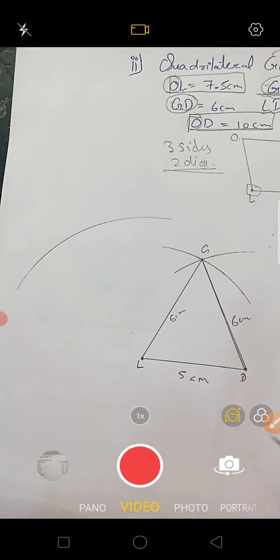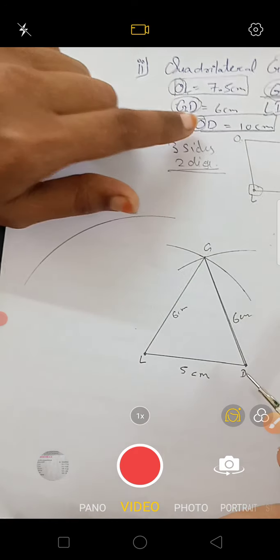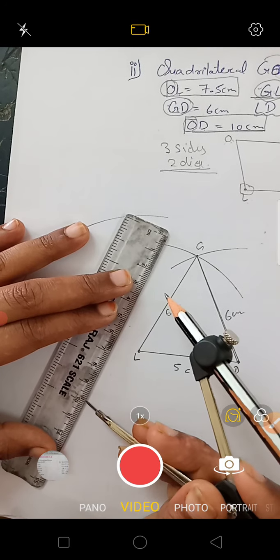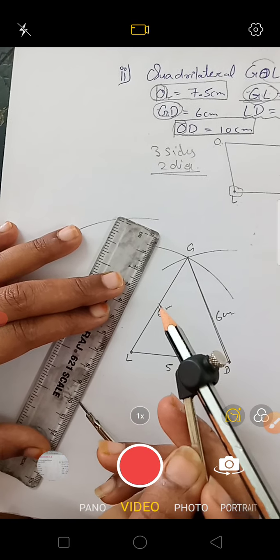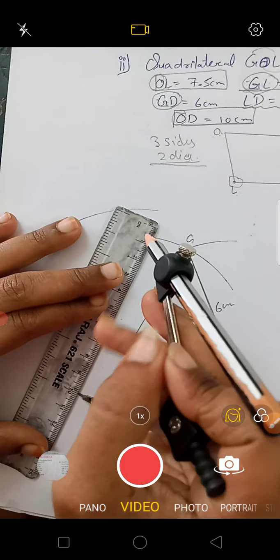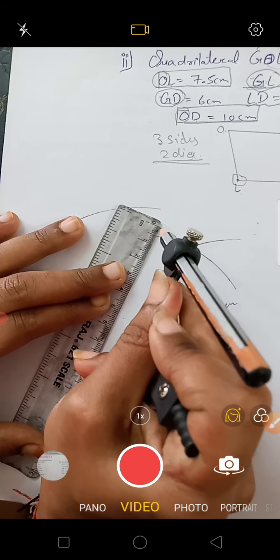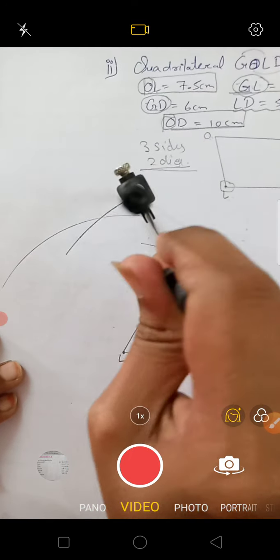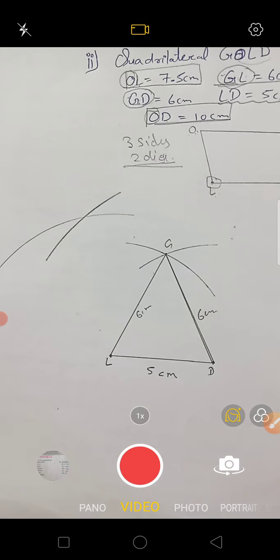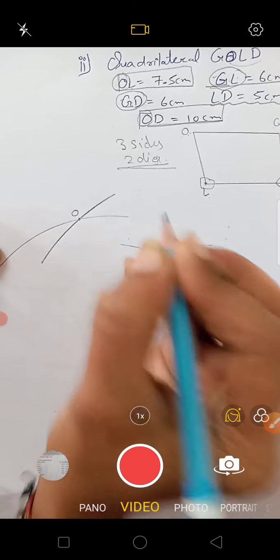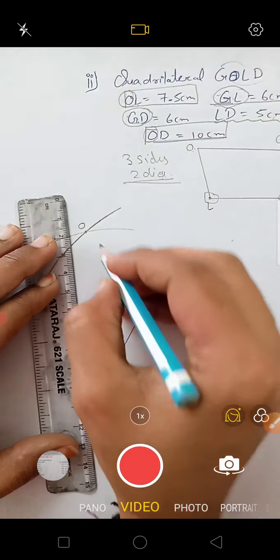Then we construct another point, taking D as our center, and we take 10 centimeter distance using ruler and compasses and draw the arc. Both arcs intersect each other, and the common point is O. So we name the intersecting point O, and then what do we do?